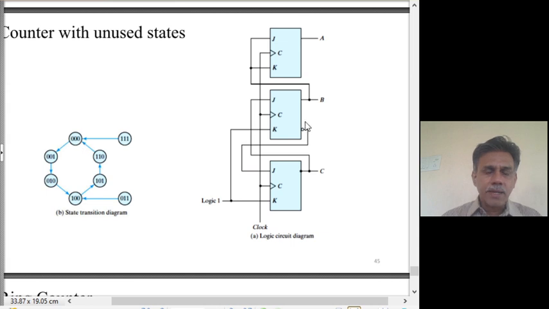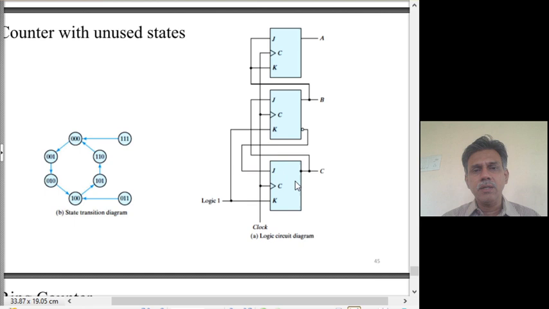And then what will happen to JB and KB? JB is actually C. C is 1. And K is actually tied to logic 1. So, this is also flip. So, again this bit B, the middle bit, will flip to 0.